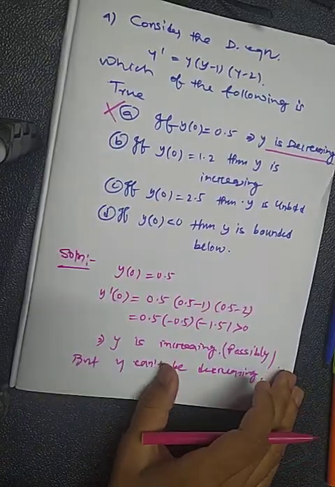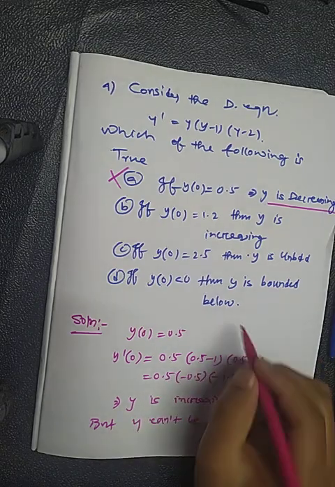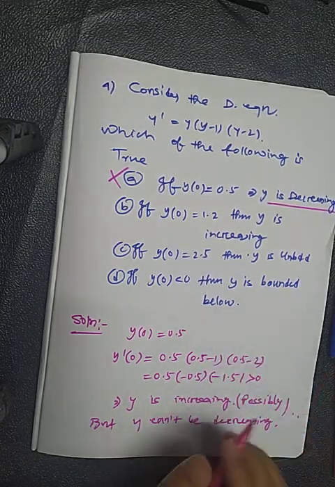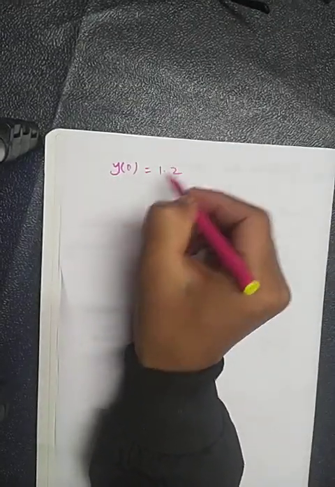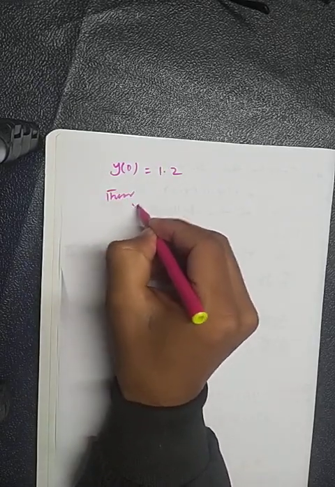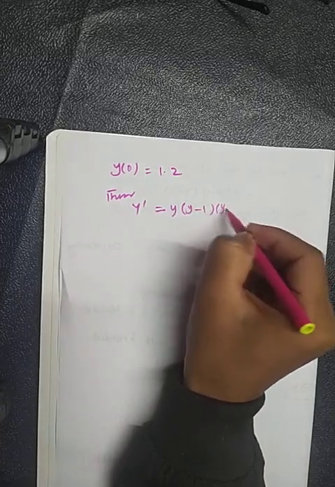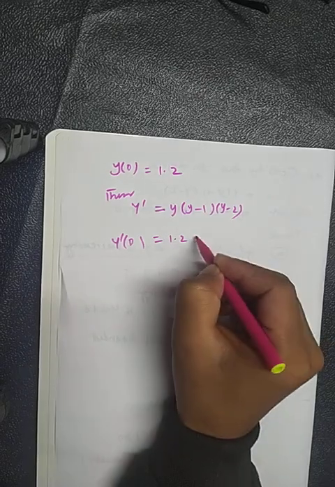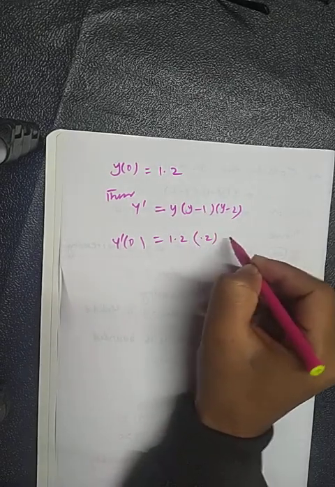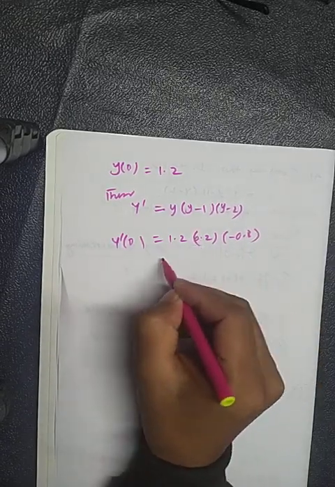Now if we look at the other case, y of 0 is equal to 1.2, then y dash is equal to y into y minus 1 into y minus 2. So y dash 0 is equal to 1.2 into 0.2 into minus 0.8, so it is less than 0.